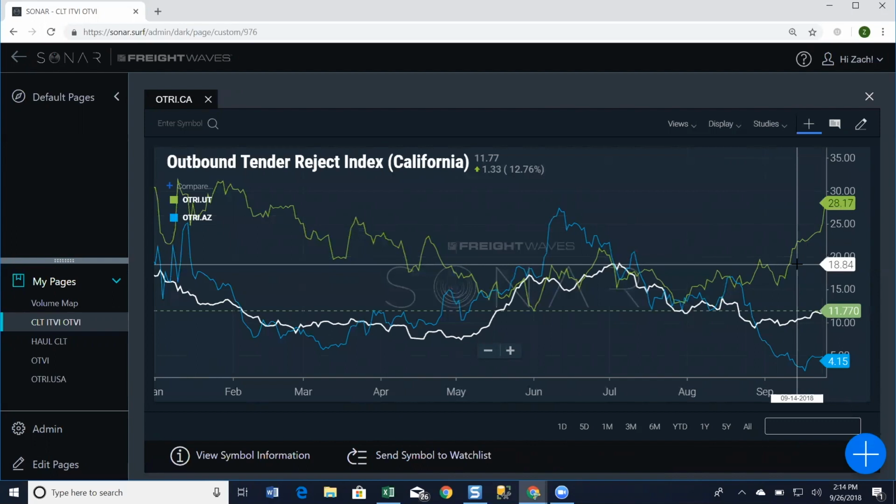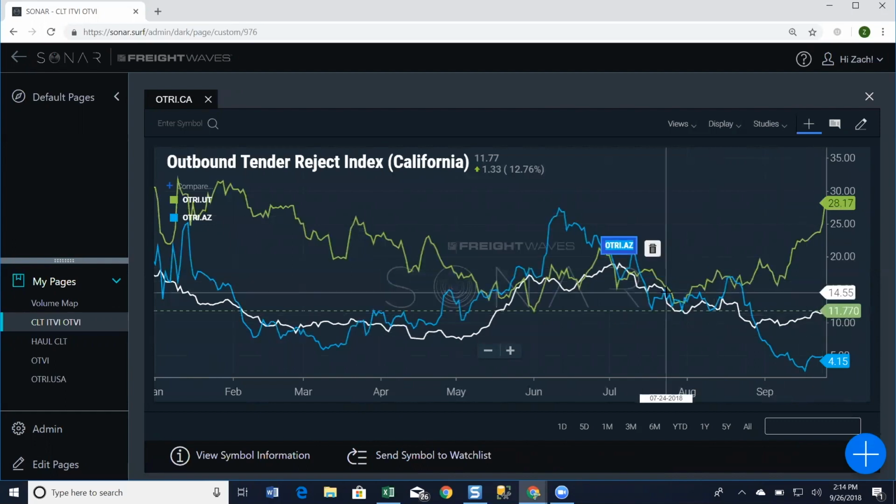I don't want to look up the individual market codes. I know the postal codes for the states, AZ, UT, CA. They're all pretty easy to remember. You group those into a region, and you can analyze what the freight market's doing in those areas without getting overly granular.